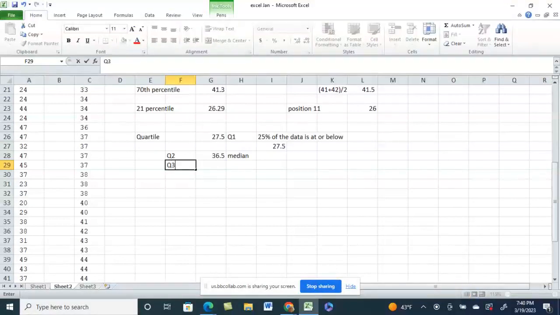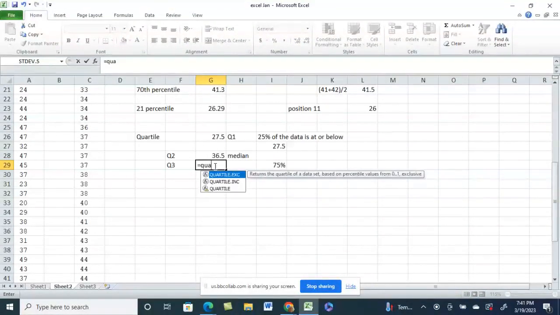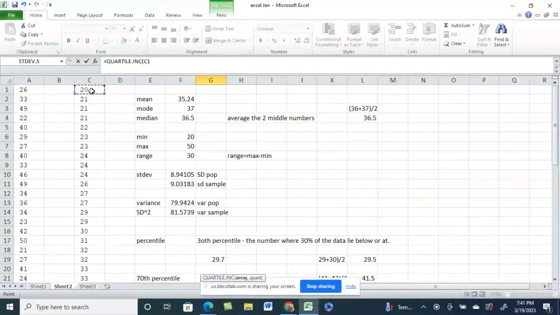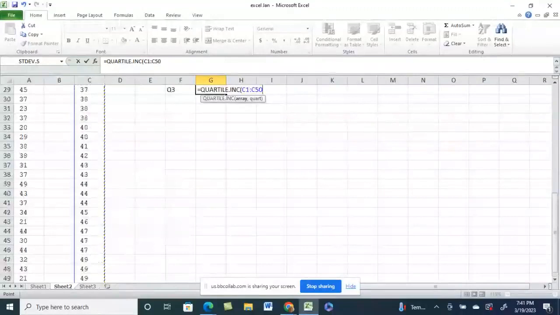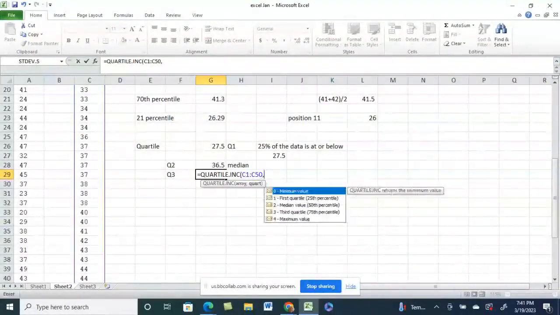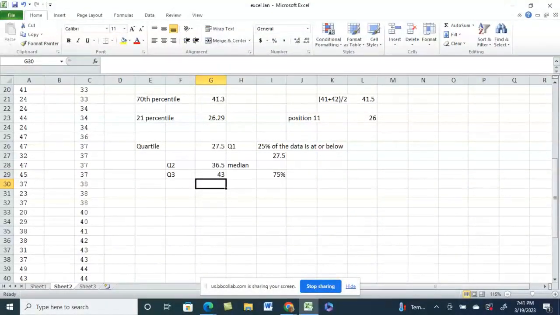And then Q3 is 75% of the data is at or below that number. So I'll just put 75% is below or at. We just go equal quartile inclusive. If you use Excel, it shouldn't take you too long to do all this. Then we do number 3. So the third quartile is the 75th percentile, and we get 43.